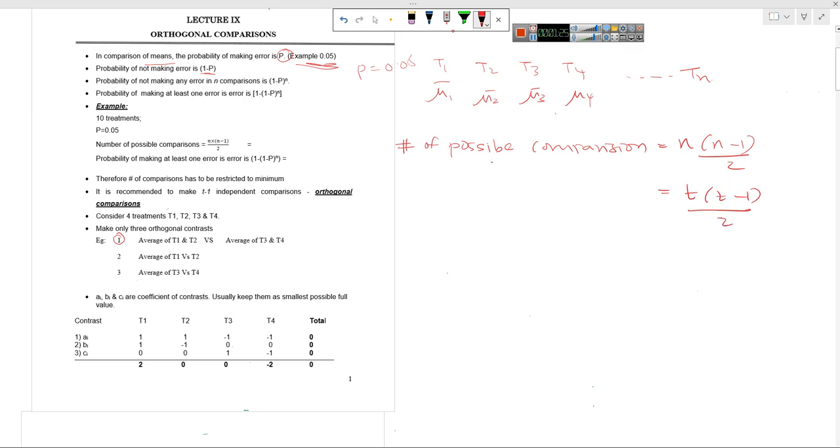That is just a notation. Let's call the number of possible comparisons n and the number of treatments t.